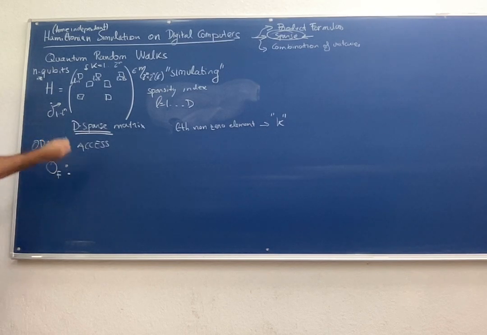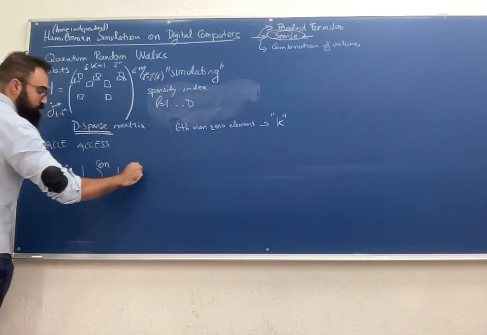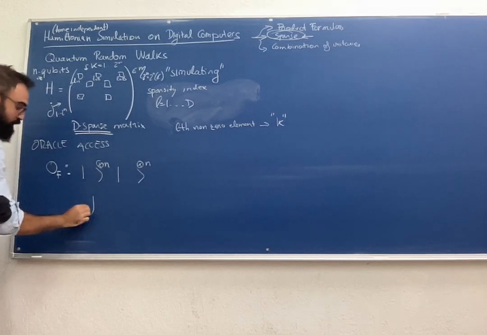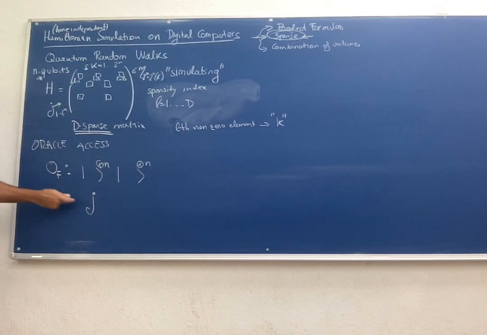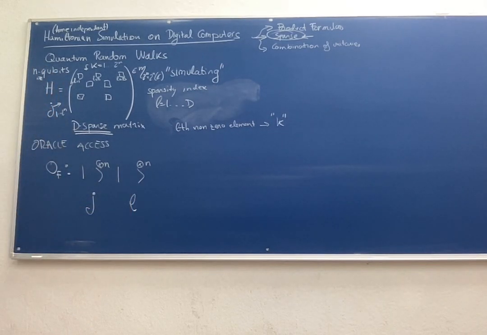So this oracle is going to act on a space of n qubits here, another space of n qubits here, and basically we're going to introduce to this oracle J, which is going to be the index of the row, and L, which is going to be the index of the non-null element that we want.